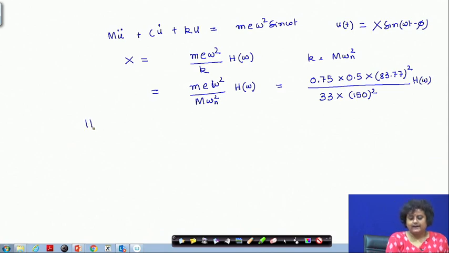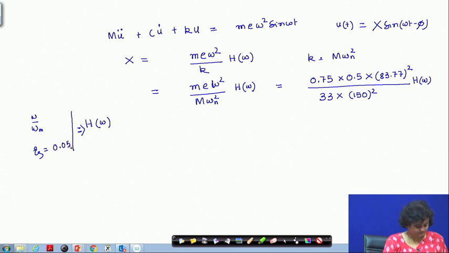To evaluate H(omega), I would need omega by omega n and zeta. Zeta I already know as 0.05, and omega by omega n is nothing but 83.77 by 150, which is 0.558.